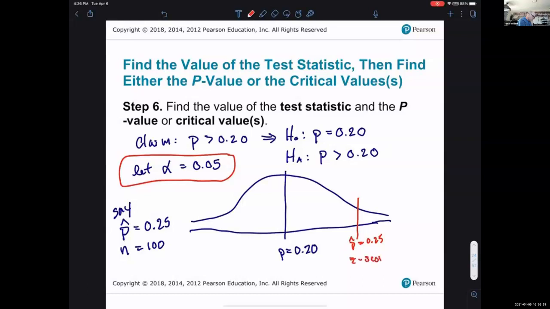You have to calculate that. And that z-score will have a portion of area up here that would show me whether that is significantly high or not. The area in this region is the p-value.